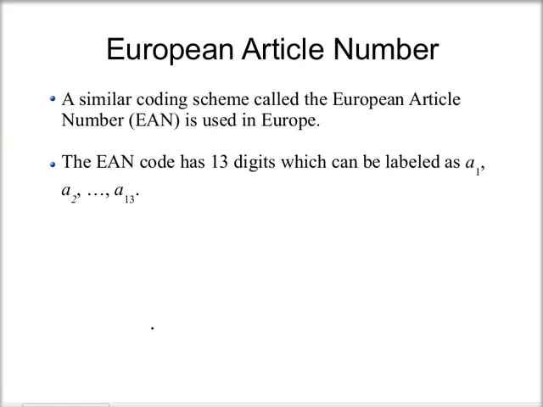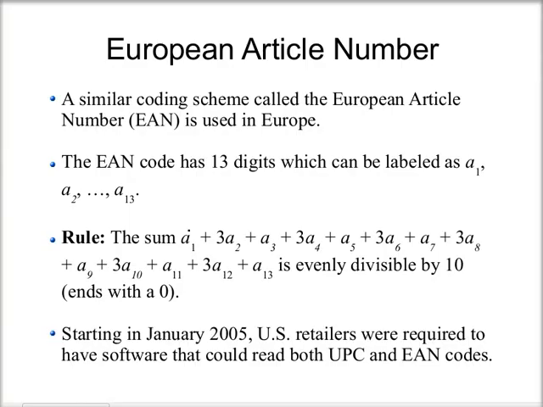They use a similar coding scheme in Europe called the European Article Number. And this is a 13-digit number, so we can label the numbers of the EAN code as A1 through A13. And it follows a very similar rule. So again, we've got a weighted sum where I'm multiplying every other digit by 3 and then adding them all up. But here I've got 13 digits, so I've actually added an extra digit on to the front here.